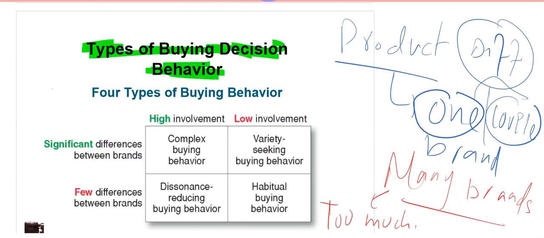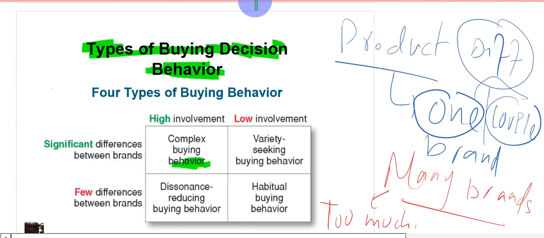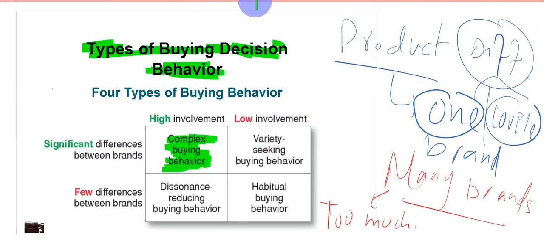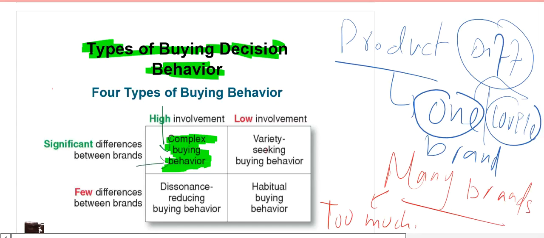In this matrix, the first point is complex buying behavior. A consumer has complex buying behavior when there is a high involvement of consumers in the market. Number two, there is a significant difference in the brands.